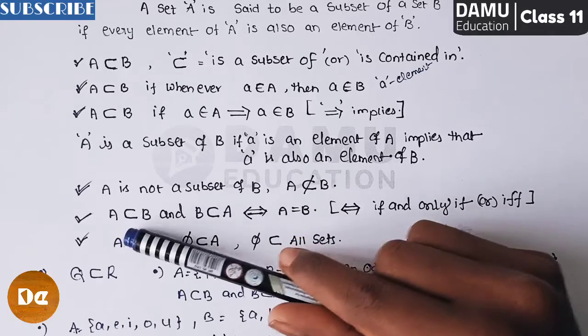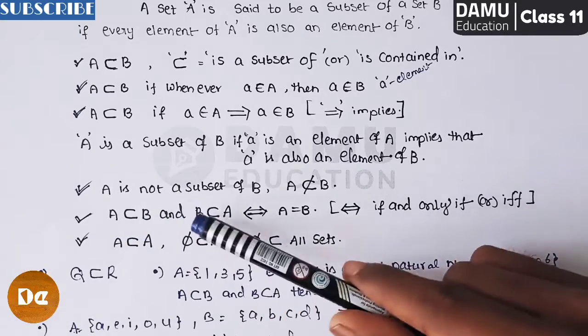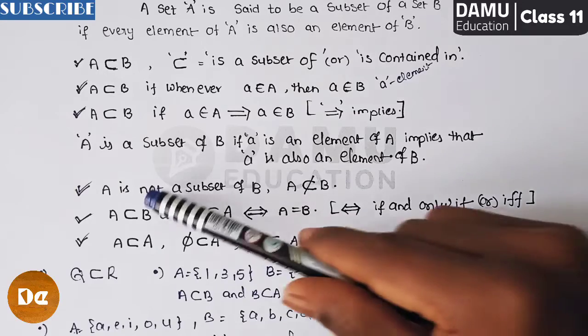So how can you say A subset B and B subset A? A is a subset of B, B is a subset of A. When does it happen?